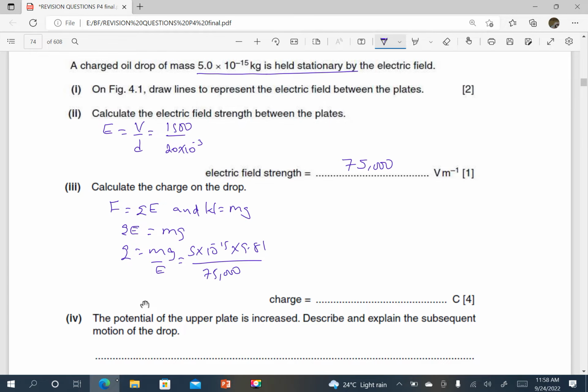And when I press my calculator, this is giving me 6.5 times 10 power negative 19. And this charge is going to be negative.